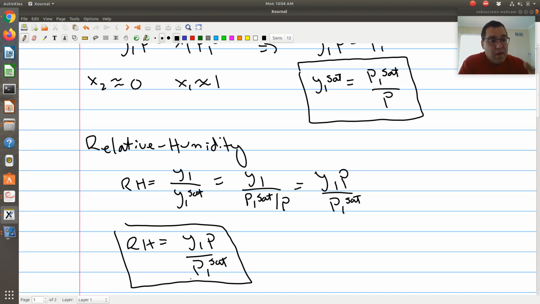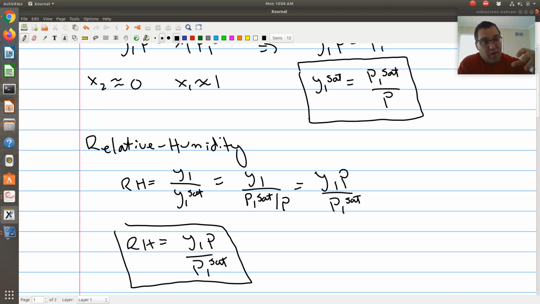So if I have air in contact with my pool, and the vapor composition of water in my air is less than Y1 sat, or I have a relative humidity less than 1, then there's going to be a driving force. This is going to become a mass transfer problem. There's going to be a driving force for water to leave the liquid phase and go to the vapor phase until equilibrium is established, with a relative humidity of 1.